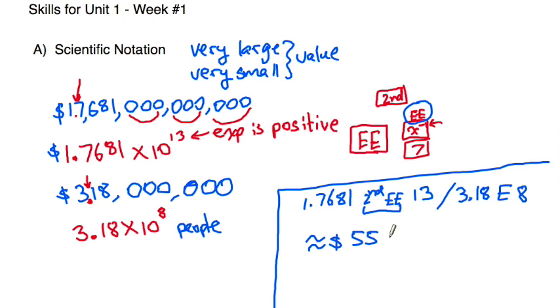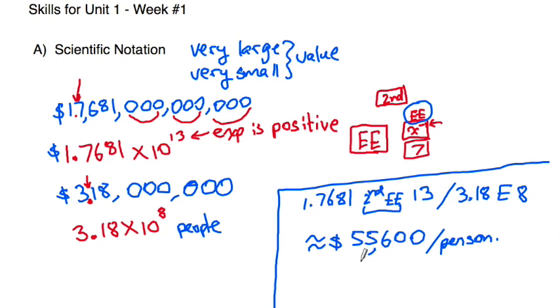I never read numbers until after I write them down. 5,600, and then there's a 0.62. So this would be $55,600 per person that is owing money, or the federal government basically says we owe them because they've overspent themselves.